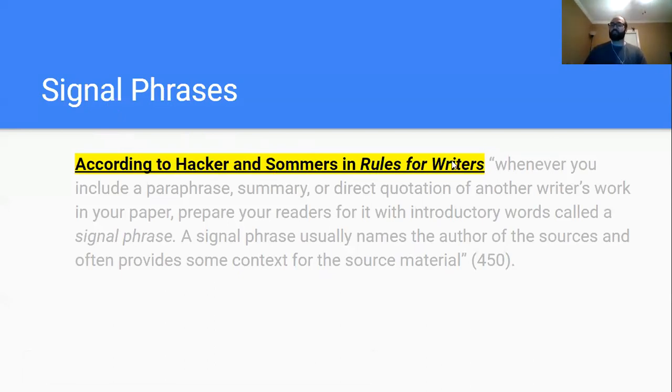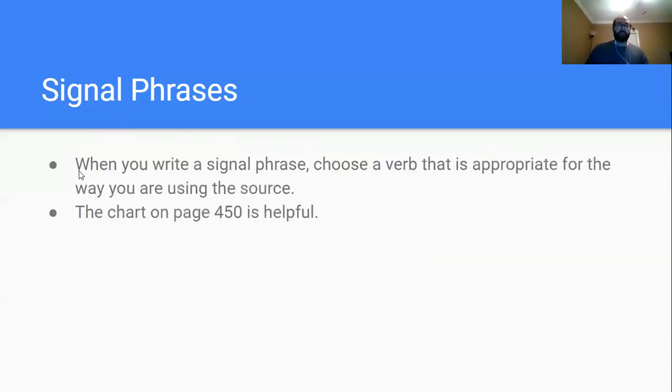It's introducing it to your reader. So when you write a signal phrase, choose a verb that is appropriate for the way you are using the source. The chart on page 450, which I will upload to D2L, is very helpful. So if you're ever unsure of a signal phrase, just go ahead and look at that chart, or even Google signal phrases.